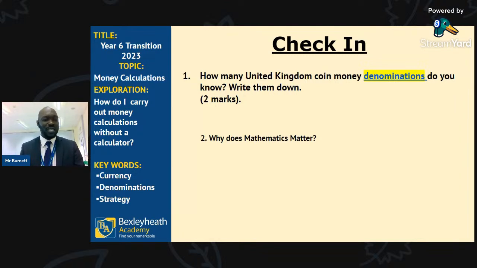How many UK coin money denominations do you know? For example, one of them could be 2p or 1p. So we're asking you to please write all of them down. That's the first question. I'm going to give you about 30 seconds for that, please.